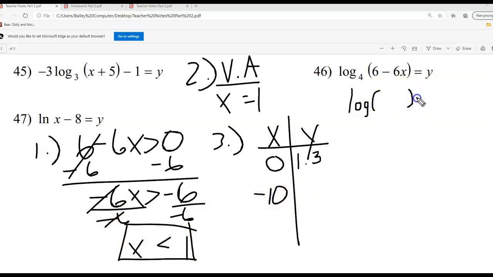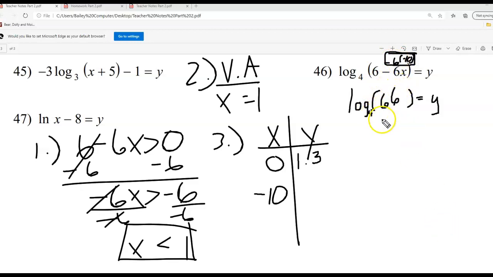So if I were to plug in -10, you have -6 being multiplied by a -10, right? Double negatives make a positive, so that's going to end up being a positive 60. And 60 plus 6 is going to be 66.